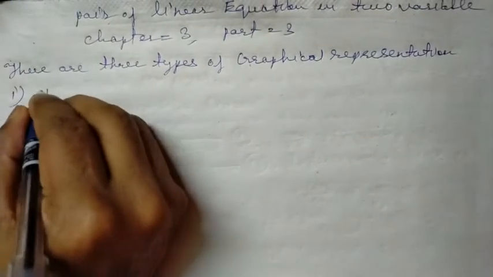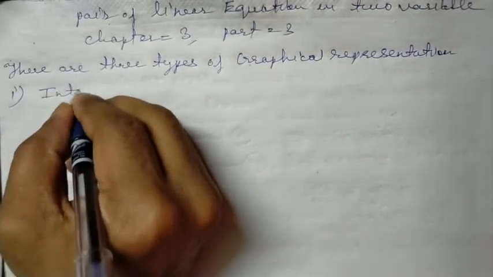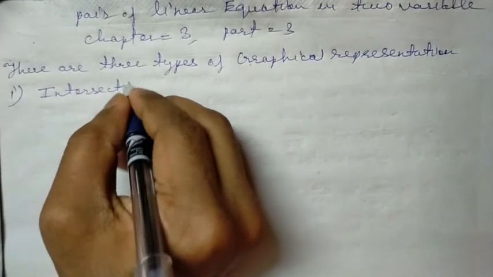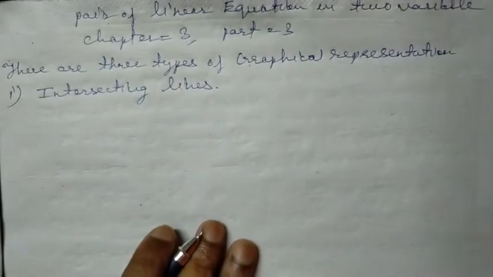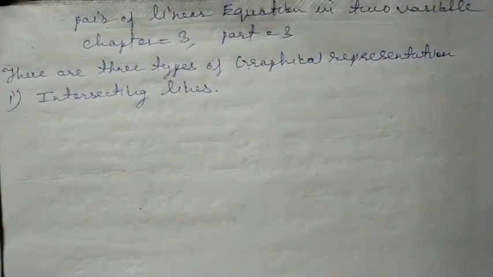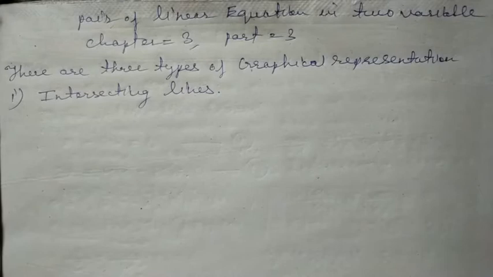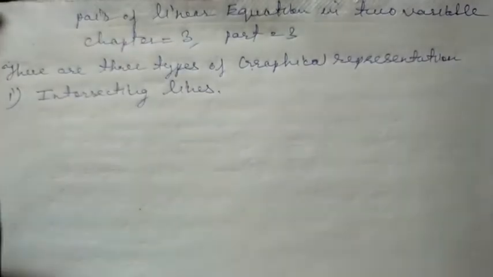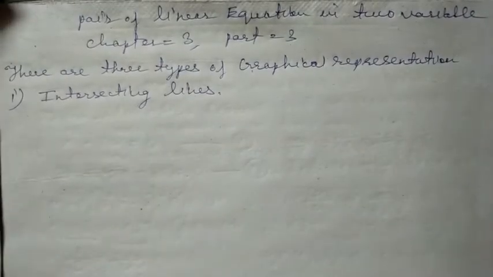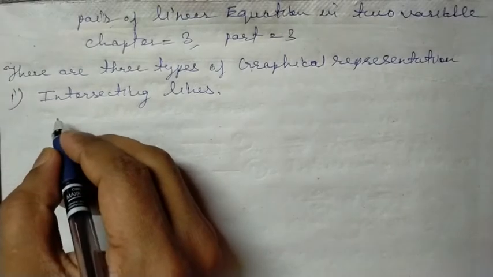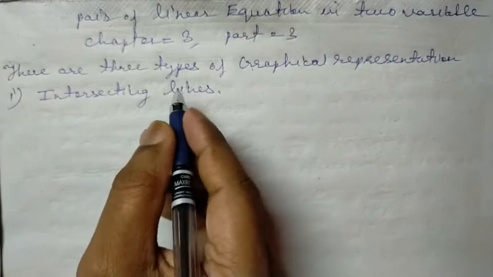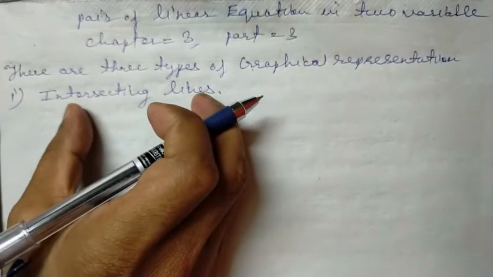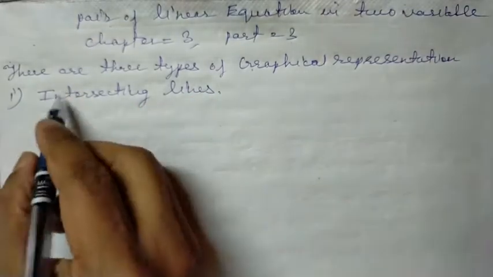Number one is intersecting lines. So we'll take the equation and we'll see how this intersecting line can be put on a graph paper.